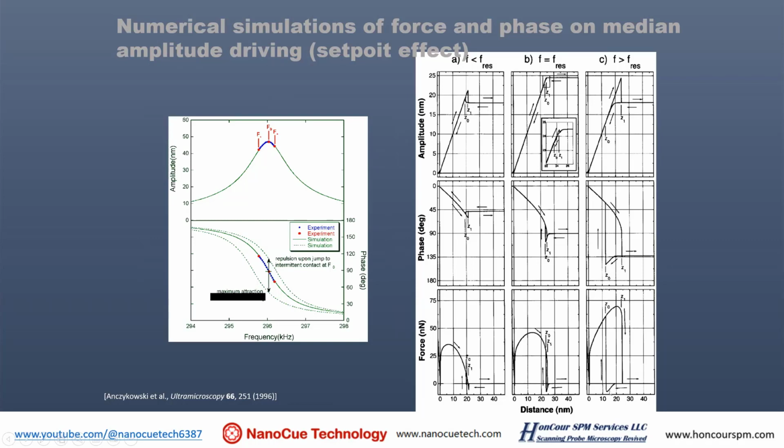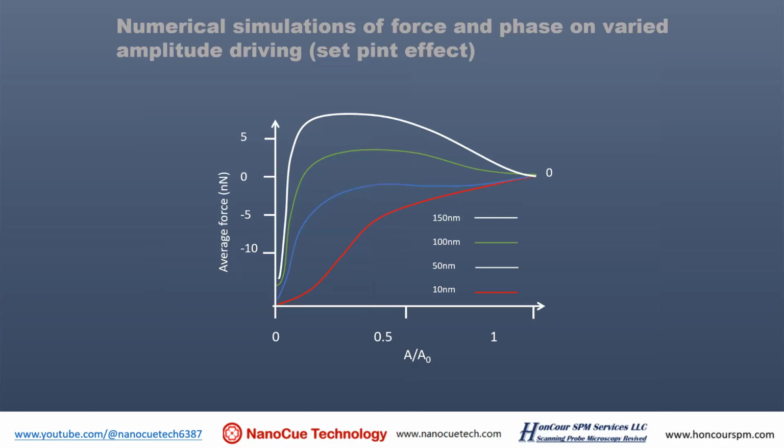And then if you look at the engaged force, at a certain set point, the force turns below zero, which is negative. The phase is also turning negative. And then because of the separation of the push and pull, there's a certain nonlinearity here, which makes the situation a bit more complicated. And also sometimes the tip sample engagement is not very stable. Okay. So this is a very simplified view. It's way too simplified.